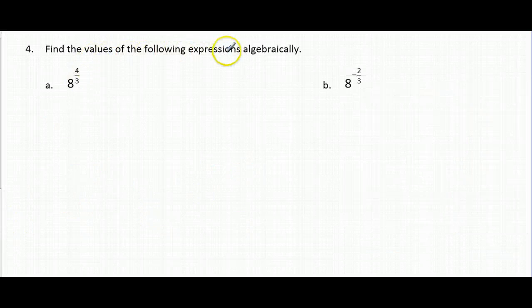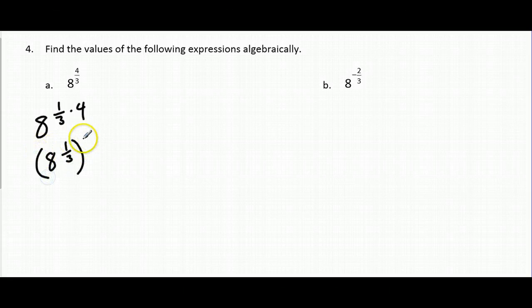Find the values of the following expressions algebraically. We want to do this using some of the laws that we just learned about. So 8 to the 4/3. We can write that as 8 to the 1/3 times 4. 8 to the 1/3 is really the cube root of 8, to the 4th power.